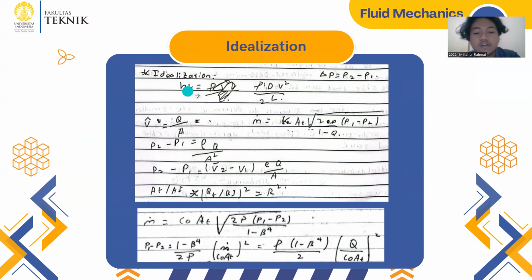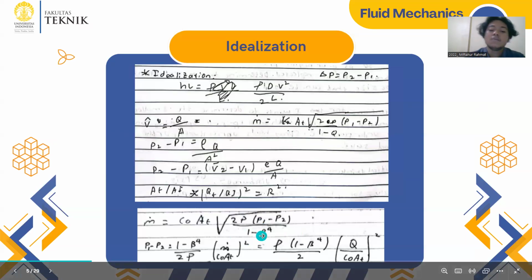Then we have the mass flow rate m dot, equal to C times the square root of 2 rho times P1 minus P2 over 1 minus beta to the power of 4, and then we can substitute like this.